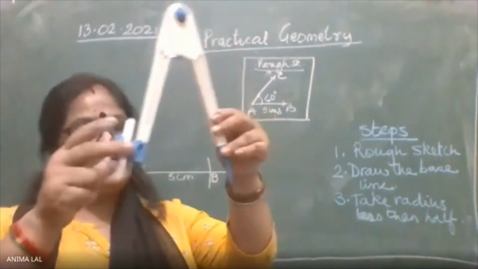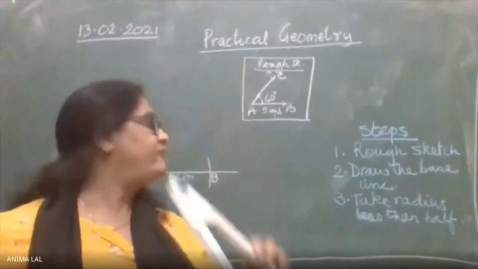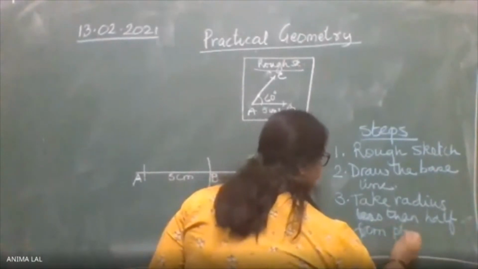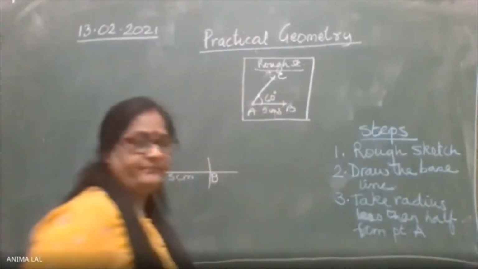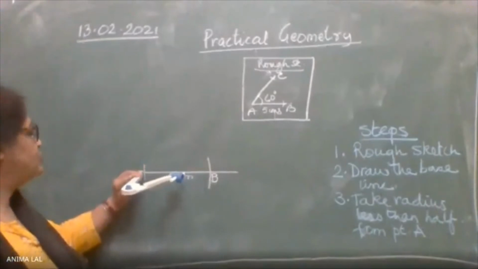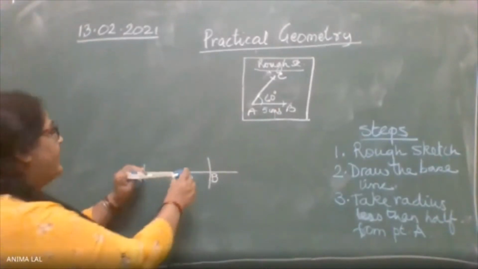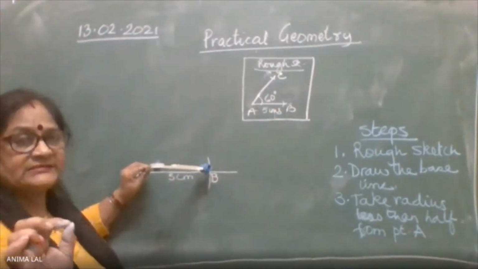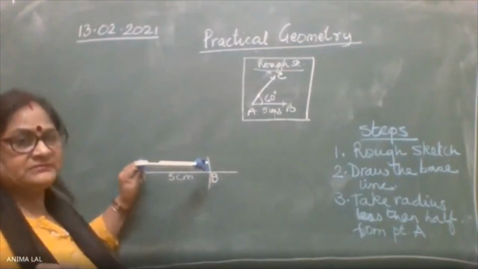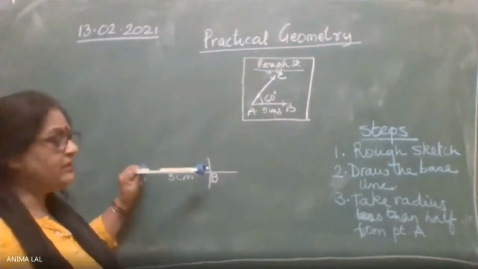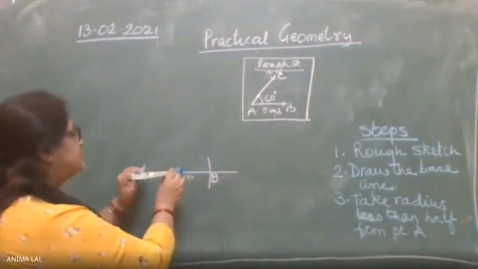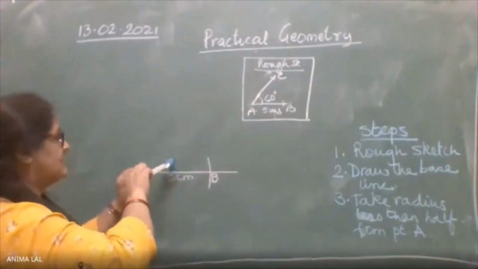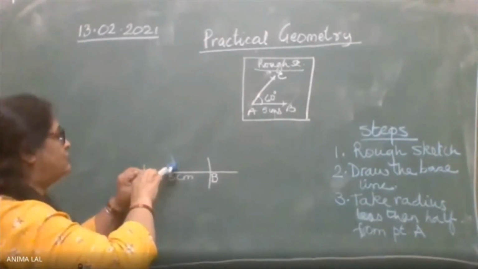Less than half means from point A. Now I take my compass point to A, and if I take till here, it is B. When I say less than half, it should be approximate, not exact. So you bring it slightly closer towards A. So approximately, just see where it is, and then you draw an arc.